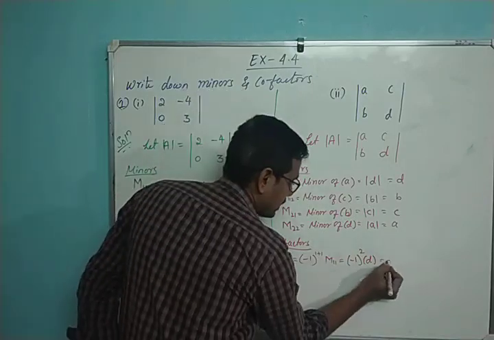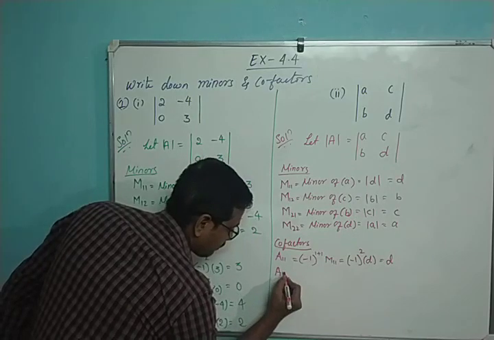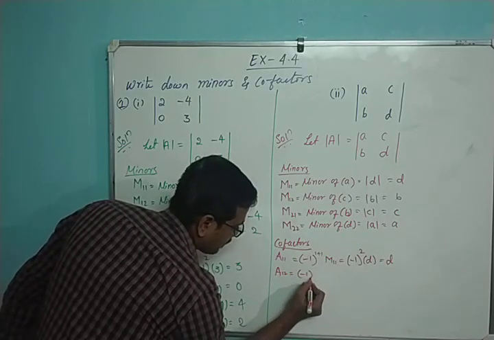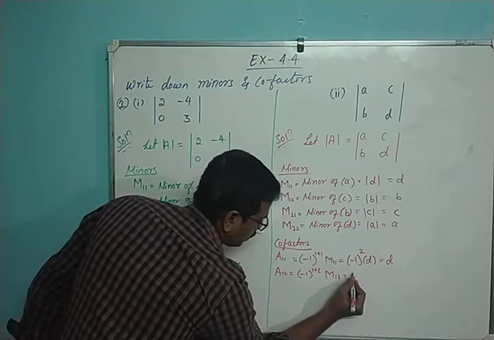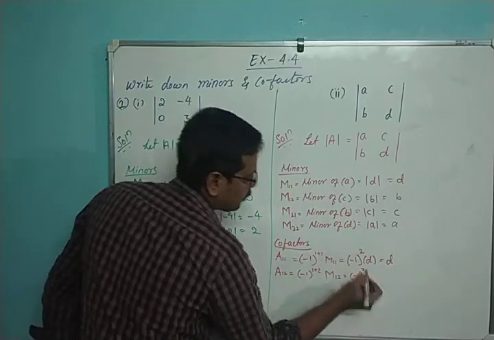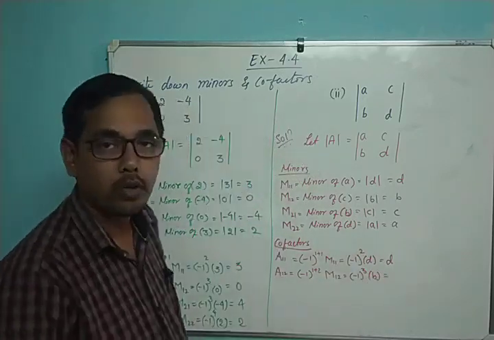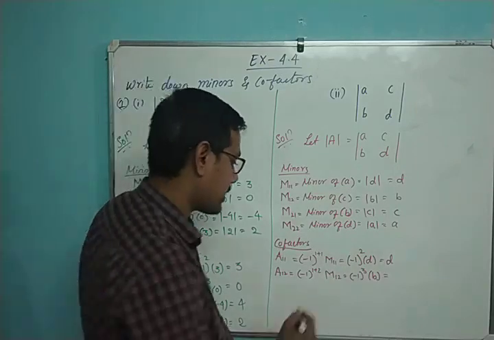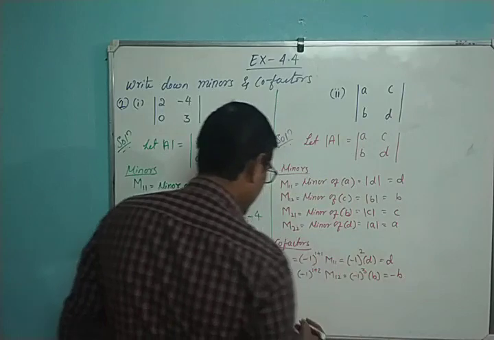Plus 1 into D is D. Okay. A12 is minus 1 to the power 1 plus 2 into M12. So this is minus 1 to the power 3. M12 is what? B. So minus 1 to the power 3 is what? Minus 1. Minus 1 into B, minus B.